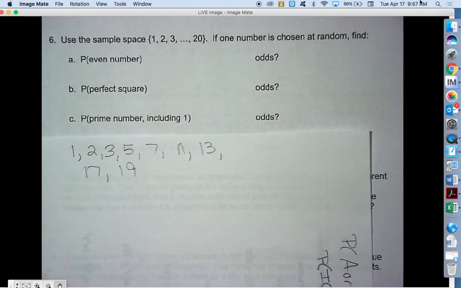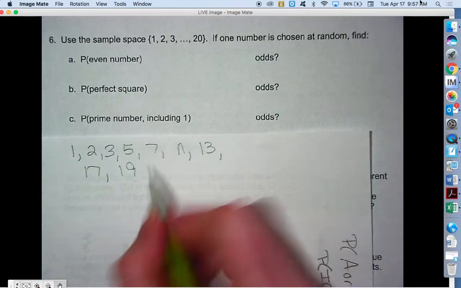So those would be the prime numbers from 1 through 20, and they said including 1. So the definition of a prime number is that the number times 1, the number itself times 1, are the only factors of prime numbers. So in this case, how many prime numbers do we have up here?